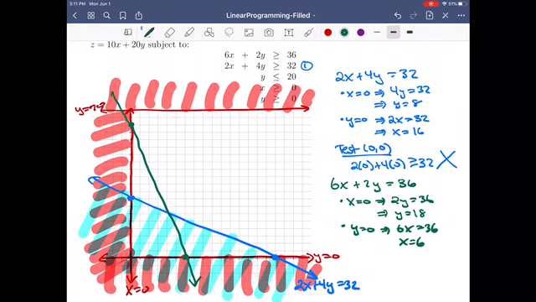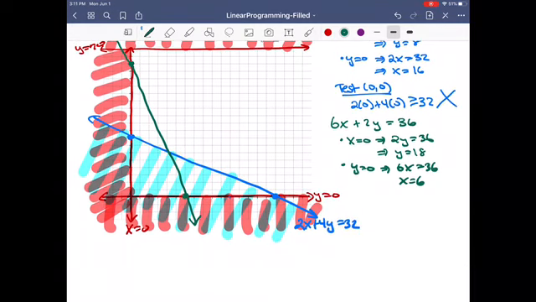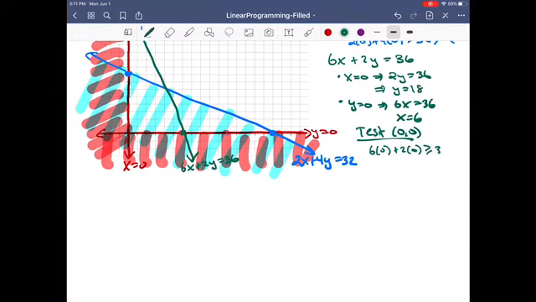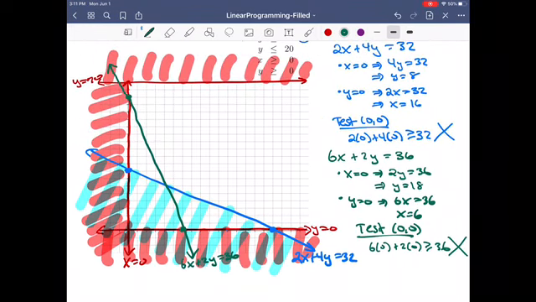And you get a line like this. So this is 6x plus 2y equals 36. And then I can test 0, 0 because it's not on the line. So 6 times 0 plus 2 times 0 is bigger than or equal to 36. Okay, that's 0 is bigger than 36. Definitely not. So I want to shade the side that has 0, 0. So all of this is gone.